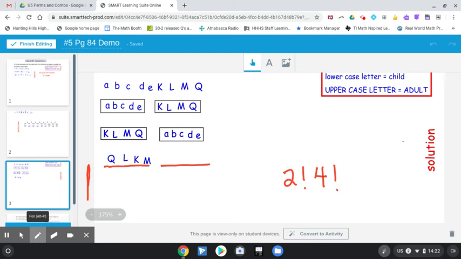Maybe they'll be in this order. Maybe it'll be E, C, A, D, B. But I could go on and on with this because these 5 children could be arranged in any order.